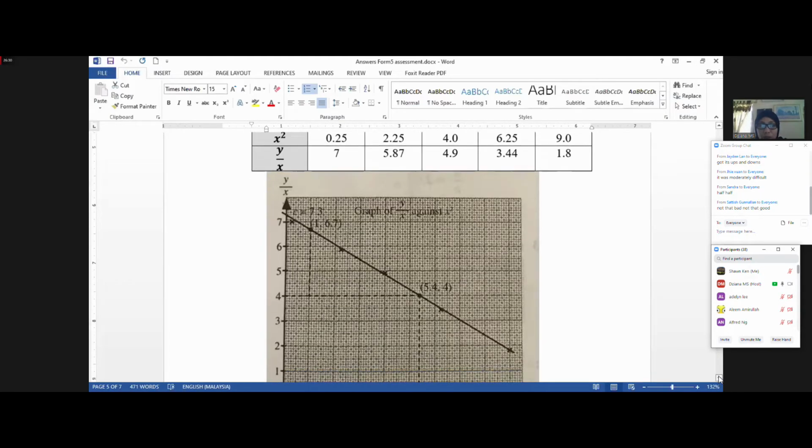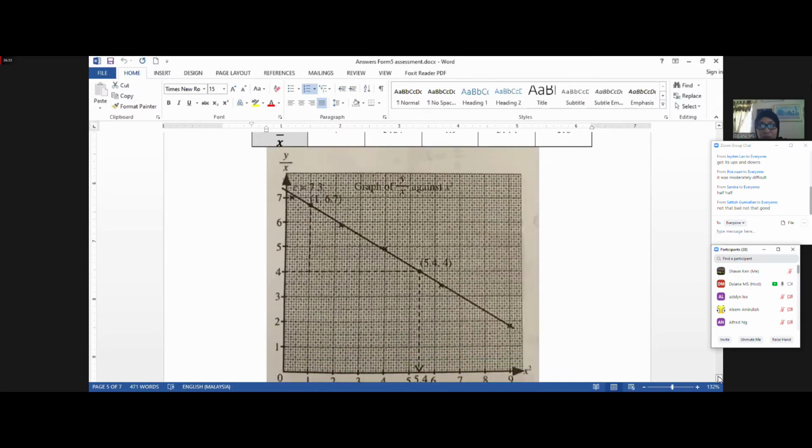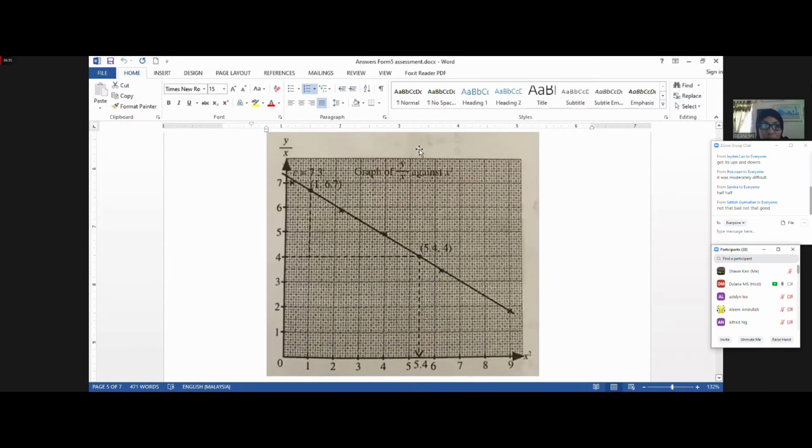So this is your line of best fit. It will cut the y-axis somewhere at 7.3 or 7.2. So I can accept if your y-intercept is 7.2 until 7.3. Those who did not get that value, can you just adjust your line of best fit? Look at this one. Make sure your straight line must cut the y-axis.